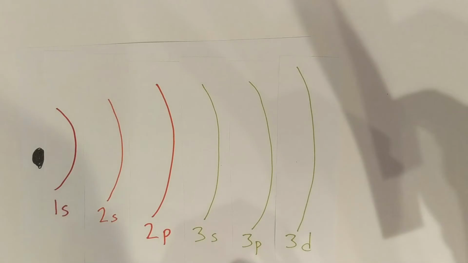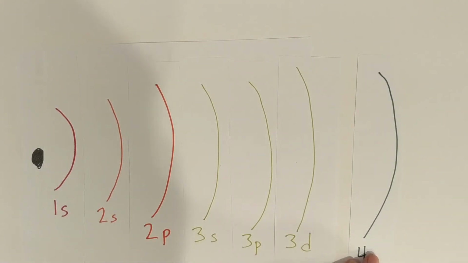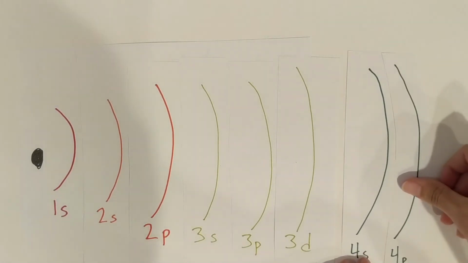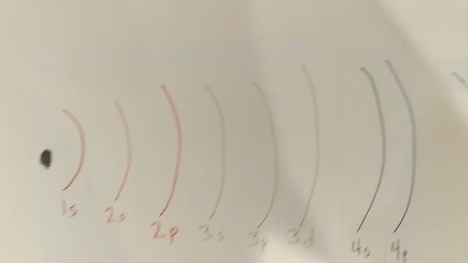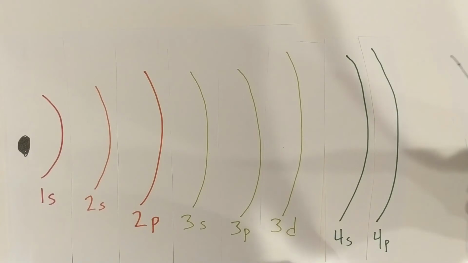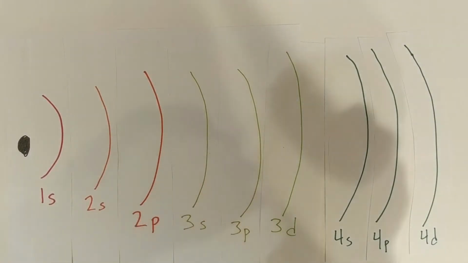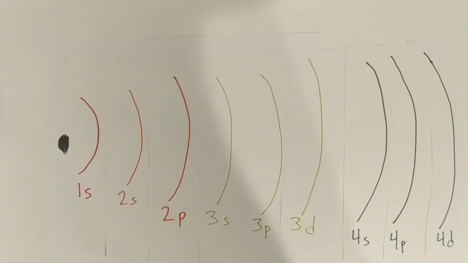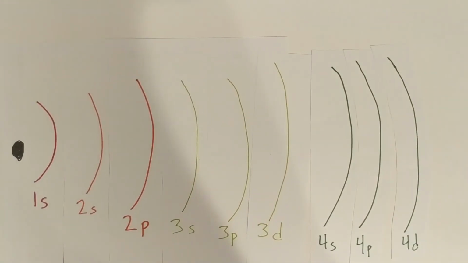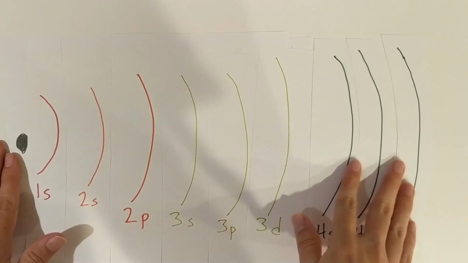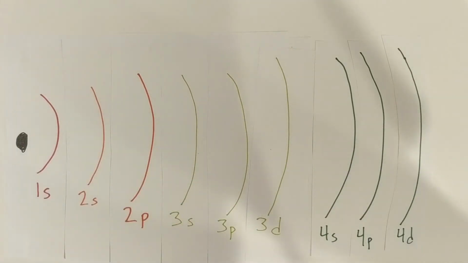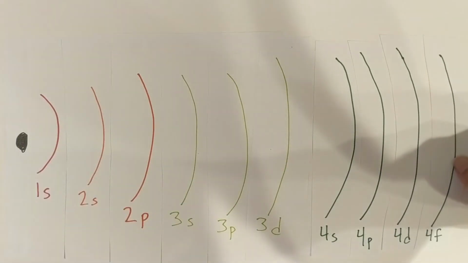Beyond that, we got energy level 4: 4S, 4P, 4D, and I'm going to have to zoom out just a little bit more to get F in there. And 4F.